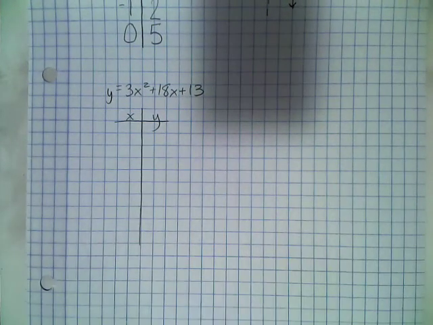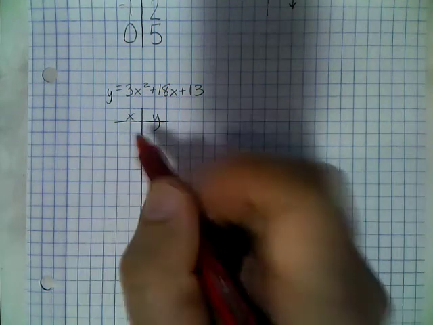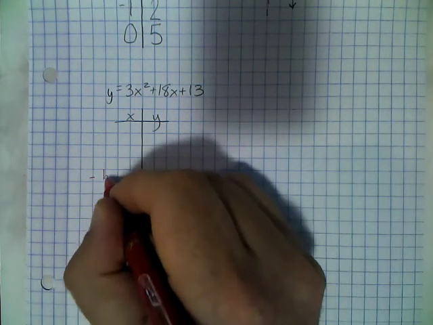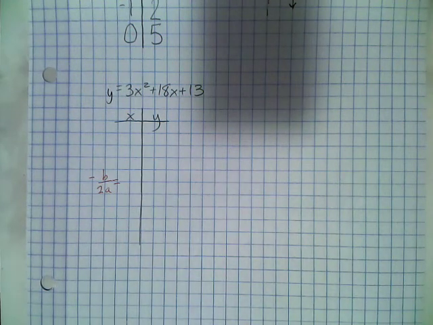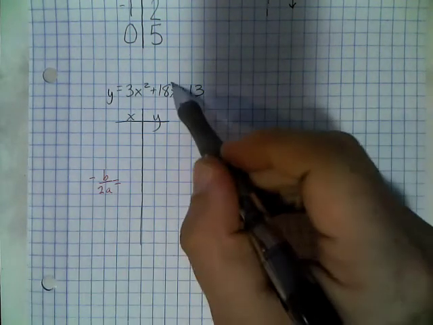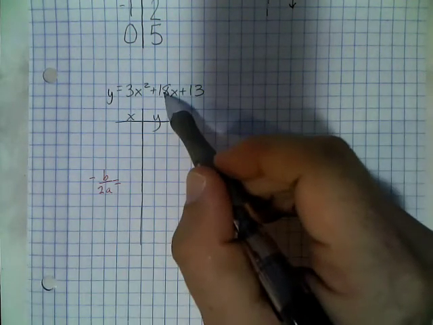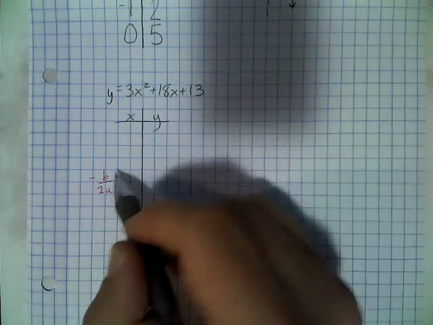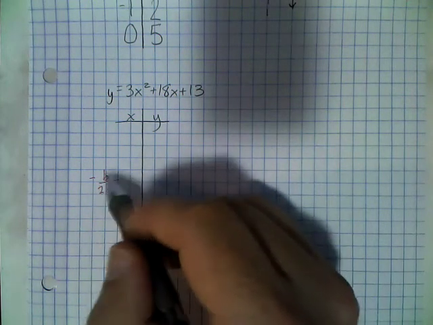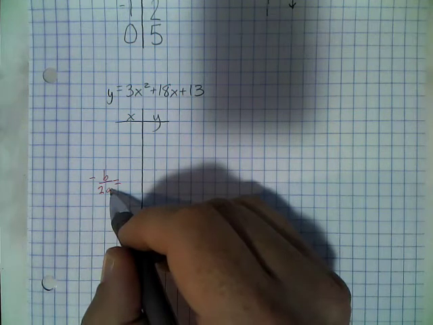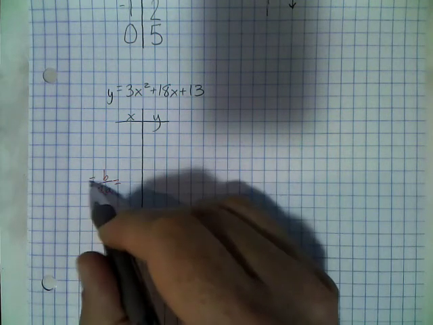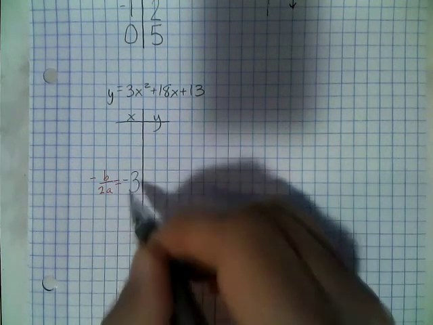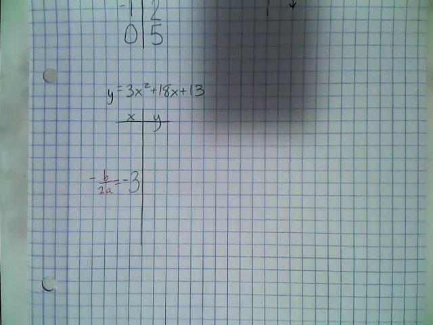And so in the middle, once again, I'm going to put my axis of symmetry. So in this case, b is 18 and a is 3. So 18 over 2 times 3, 2 times 3 is 6, 18 over 6 is 3, and we're going to make it negative. So x equals negative 3 is my axis of symmetry.